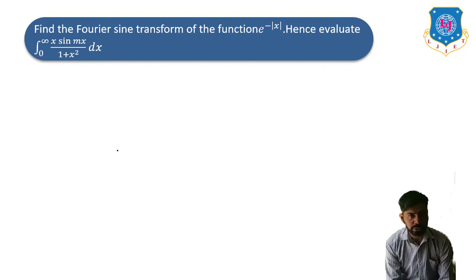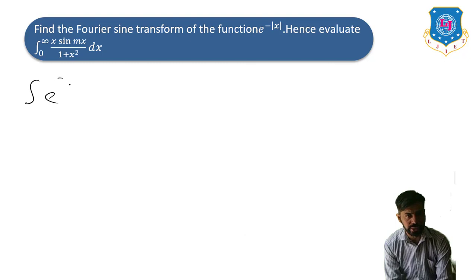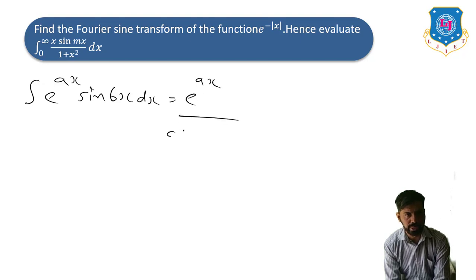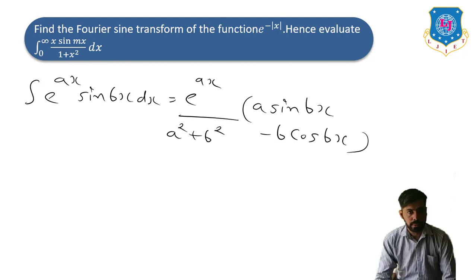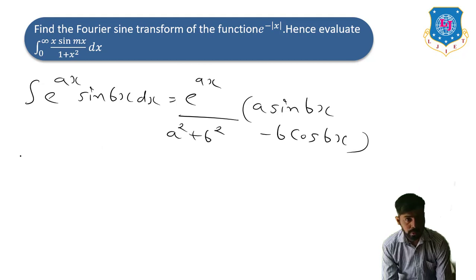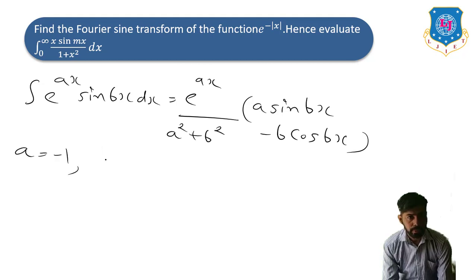We will use the formula that the integration of e raised to ax into sine bx dx will be e raised to ax divided by a square plus b square into a sine bx minus b cos bx. So here if we compare this, the value of a will be minus 1, the value of b will be s.